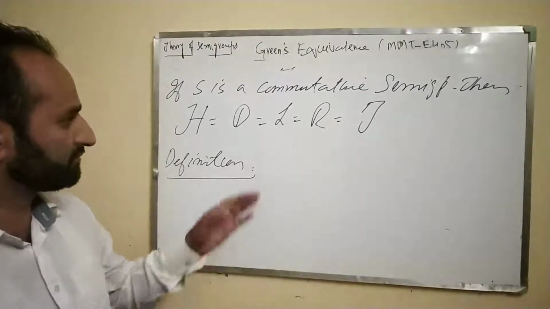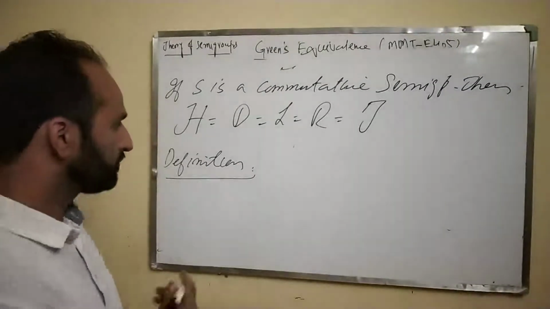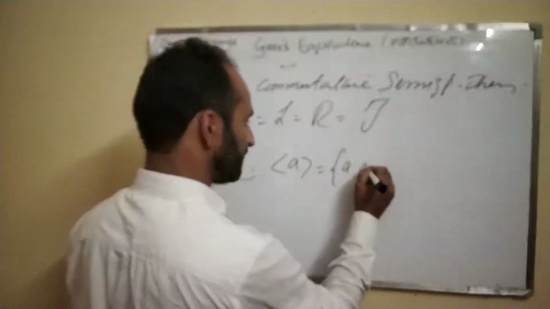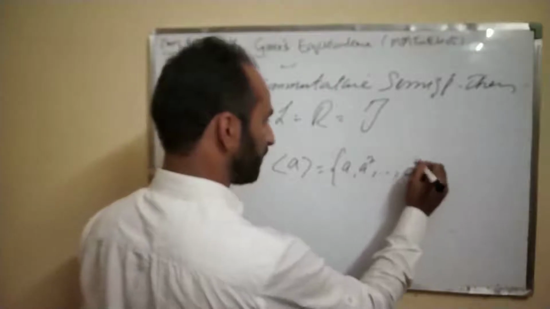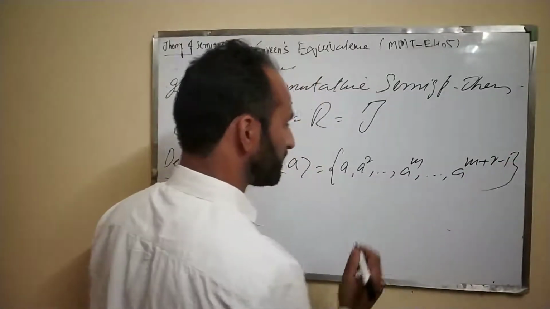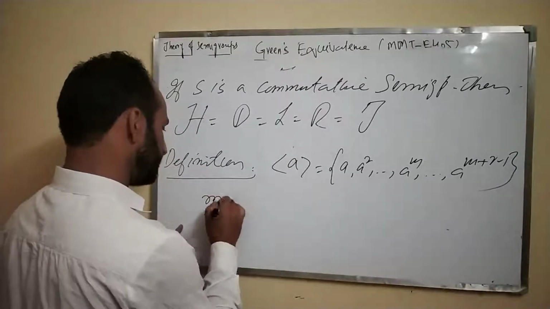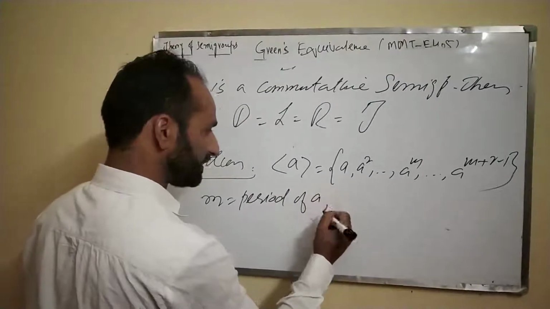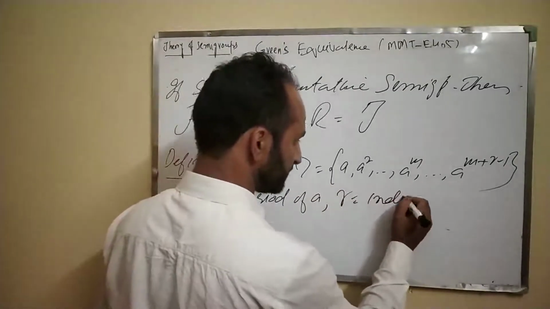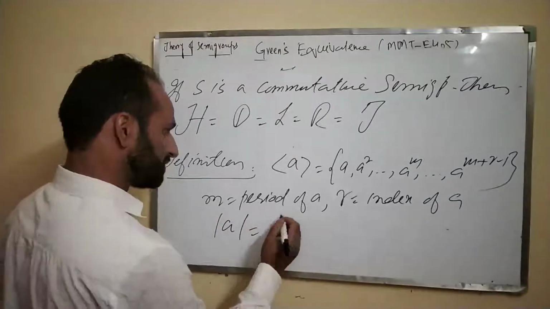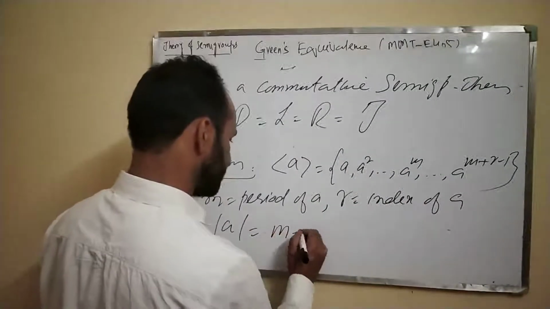As we have seen, the finite monogenic semigroup generated by A is actually this: A, A square, up to A power m plus r minus 1. It's a finite monogenic semigroup where this m is called the period of A, and r is called the index of A. And the order of A is actually equal to m plus r minus 1.